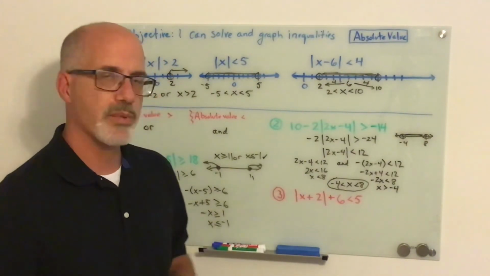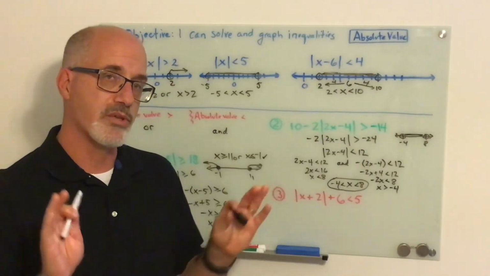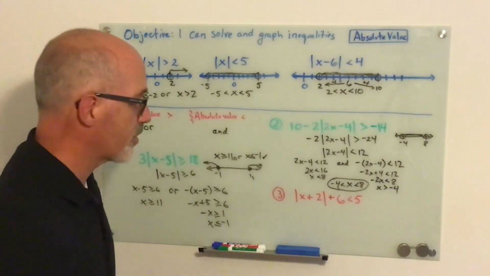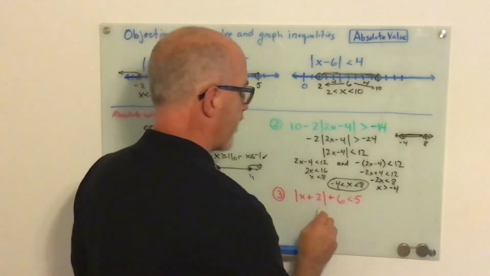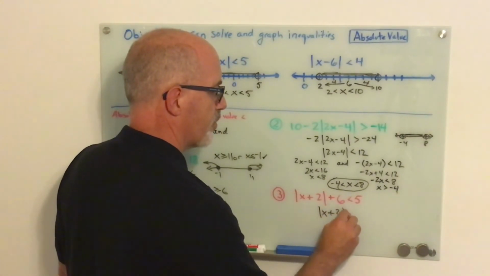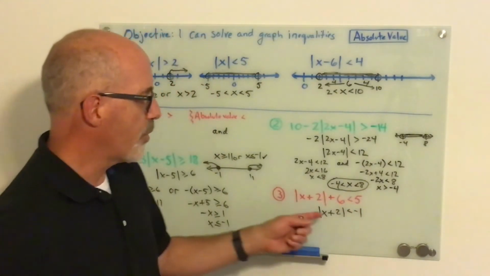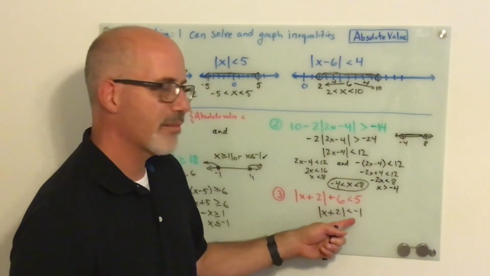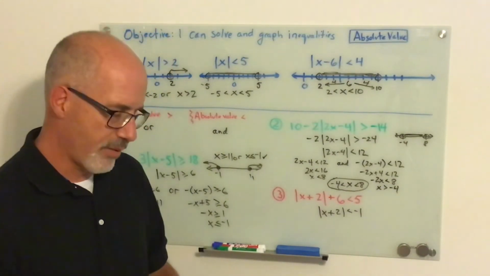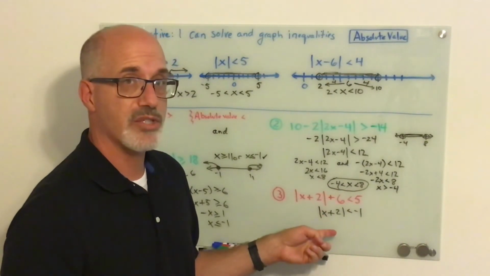Now here, I put this one in red just to raise your attention to a certain problem you could have and why the checks are important. If I subtract 5 from both sides, you get absolute value of x plus 2 is less than negative 1. Now, notice an absolute value can't be less than a negative. So because of that, there's not going to be a solution to this one.